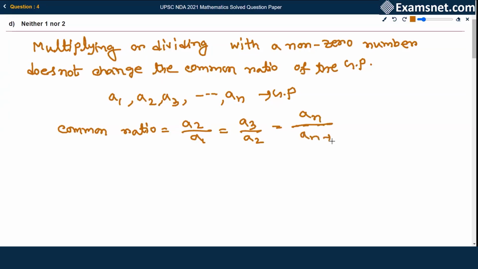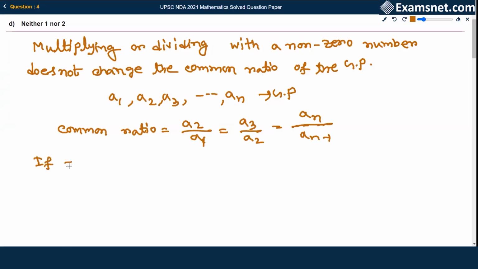Now, look here, if each term is divided or multiplied by same non-zero number, it will be the same R value. Like it will get cancelled. It's just like a balancing expression. So the sequence will not change.